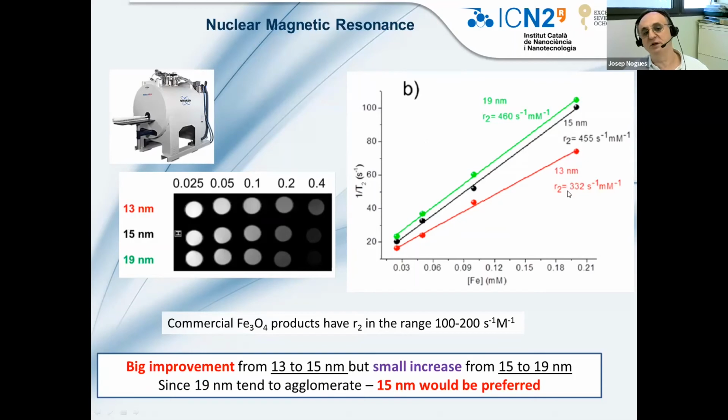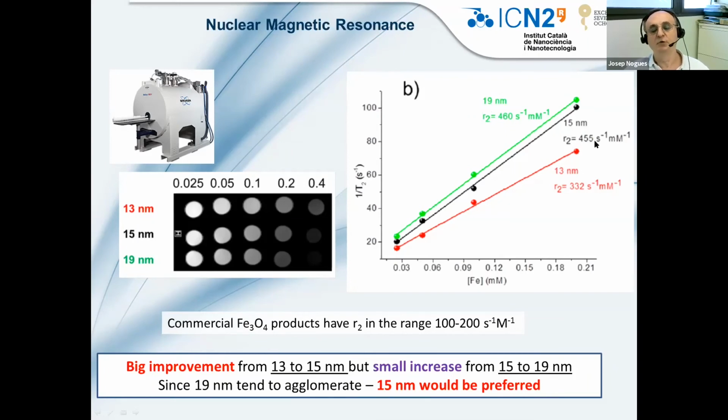It goes from 322 to 455. But when we increase from 15 to 19, the improvement is very small. This is because these samples have a larger magnetic moment, but since they tend to agglomerate, the improvement is very small.